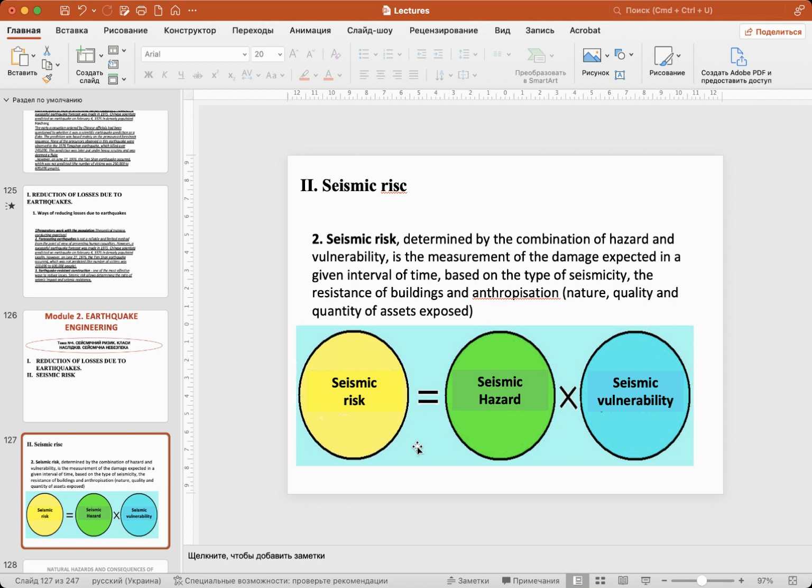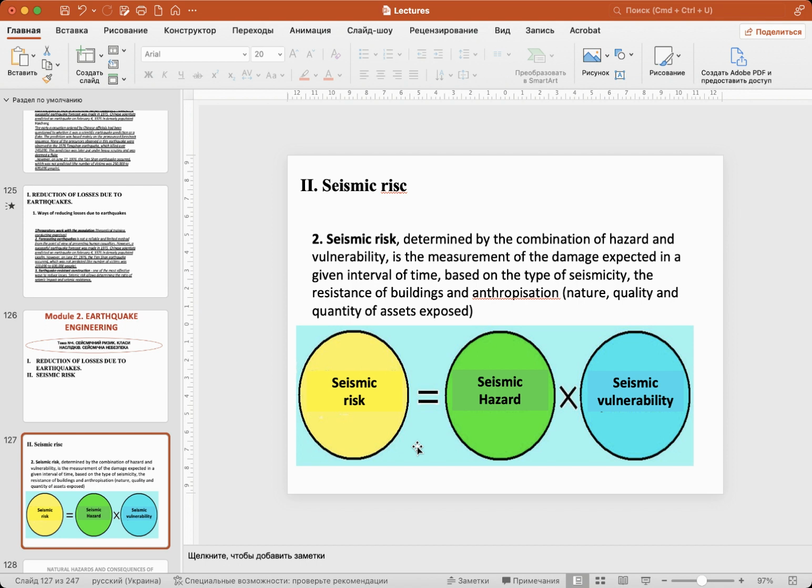But when we look at our city, at our Odessa buildings, we know that some of them fall down without any earthquake and without war effects. They fall down under their own weight. So there's a small seismic hazard, but big seismic vulnerability. In Japan, they have the biggest seismic hazard, but they have earthquake-engineered buildings.